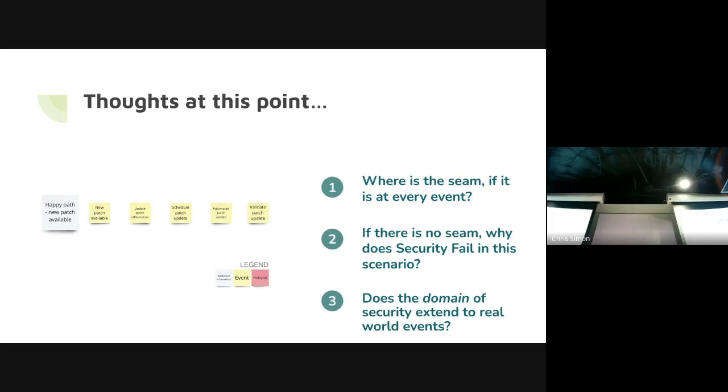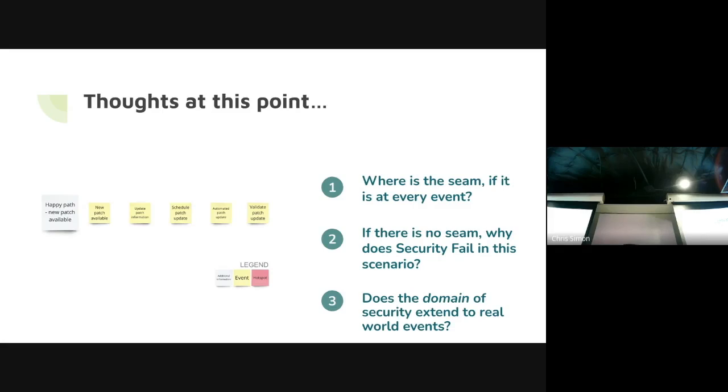Where is the seam? Is it at every process or is there no seam? And if there is no seam and our working hypothesis is that security fails at the seams, perhaps our hypothesis is wrong. But as you start discussing this, the conversation actually got pretty interesting because it then went to the point where you're thinking, hang on, the domain of security is not really limited to events happening within your organization.